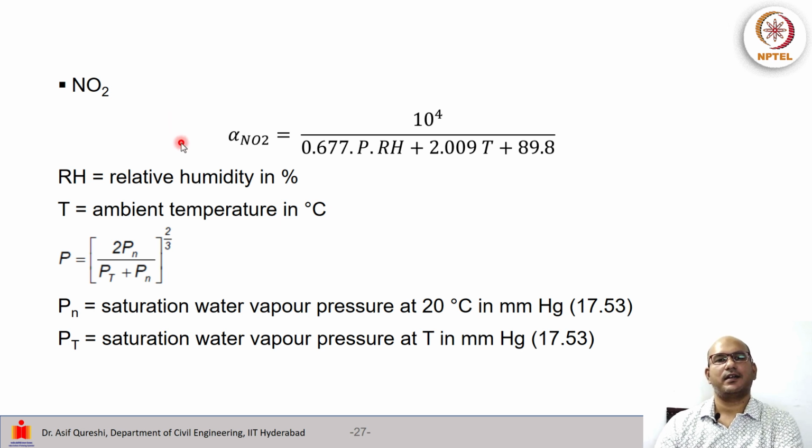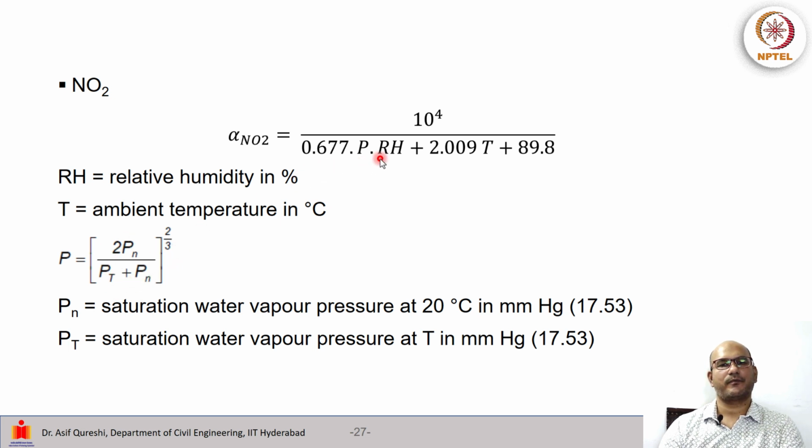There are different alpha values for different gases. For NO2, the value is as this, and is inversely proportional to the relative humidity, the ambient temperature and the saturation water vapor pressure also. So P is given as 2 Pn by Pt plus Pn, where Pn is the saturation vapor pressure and Pt is the saturation vapor pressure at temperature T. So this is inversely proportional to this P value, which is as this.